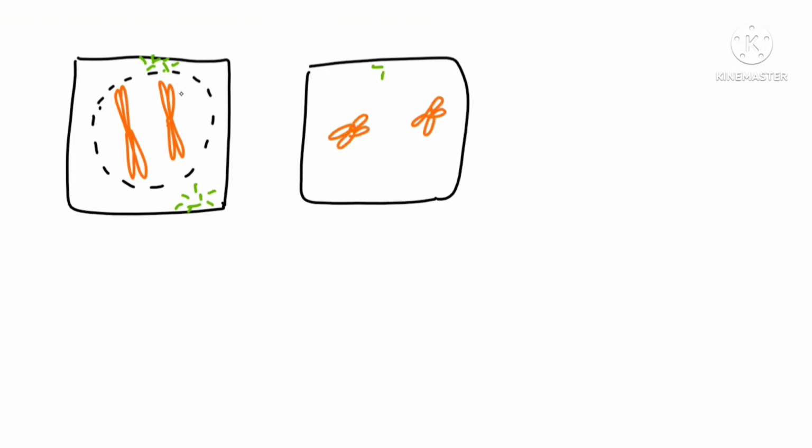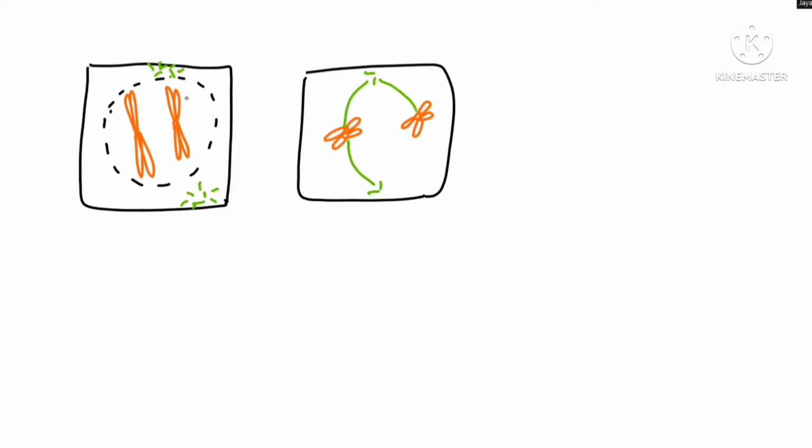Spindle fibers are inserted onto the kinetochore. Few are running from pole to pole. See this, they are running from pole to pole, and few are inserted onto the kinetochore, which is present on either side. Is it clear?